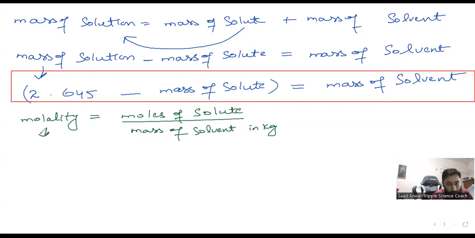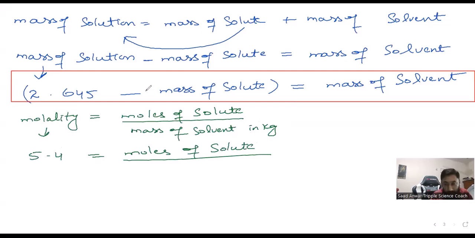The molality value given in the question is 5.4. Moles of solute, I do not know. I have to find this. Mass of solvent, which is in the green box, is 2.645 minus mass of solute.